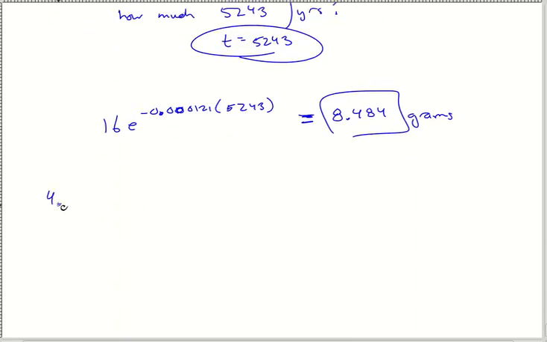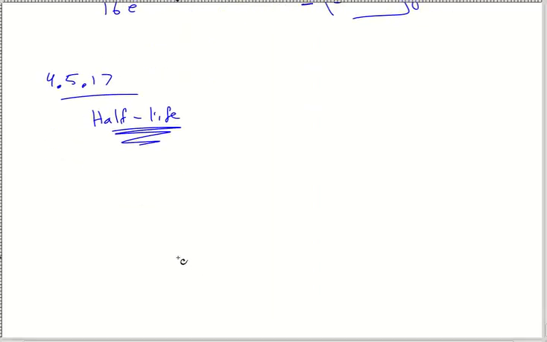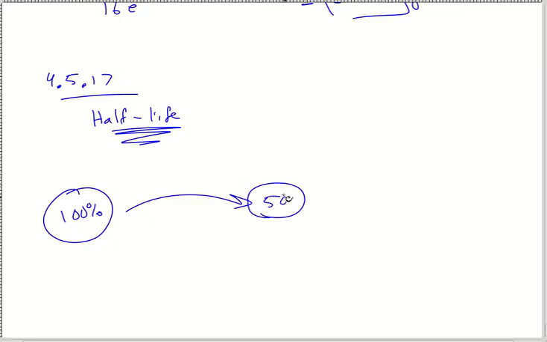I did it not because it was hard, but because it's like, what do you do? Well, you just plug it in. So I do those kind of questions too. Half-life. When they talk about half-life, they have very specific understanding. So let's talk about half-life for a minute, and then I'll actually get to this problem. Half-life means that you had 100% of some, I don't know, radioactive material, and it's now going to 50%.